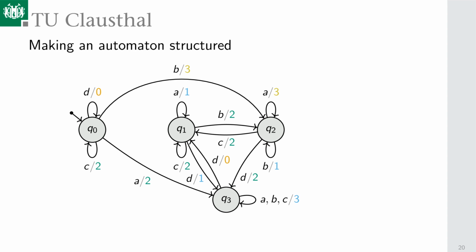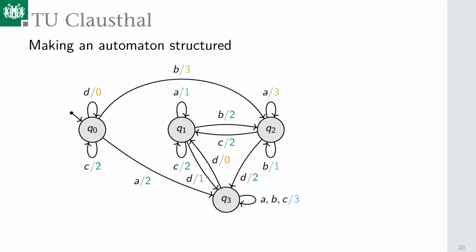For the streamlining construction in the second step to work, we need the parity automaton that we start with to be structured. Making an automaton structured is actually quite easy. We can define an order over the strongly connected components in the automaton, and every transition to a state that has a language equivalent state in a later strongly connected component in the order is then rerouted to such a state.